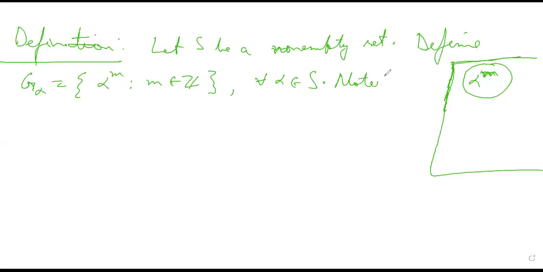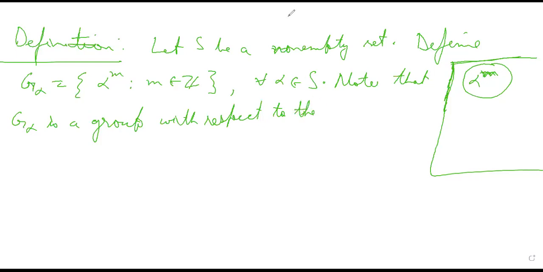Note that G alpha is a group with respect to the binary operation alpha m times alpha n equal to alpha m plus n, right?